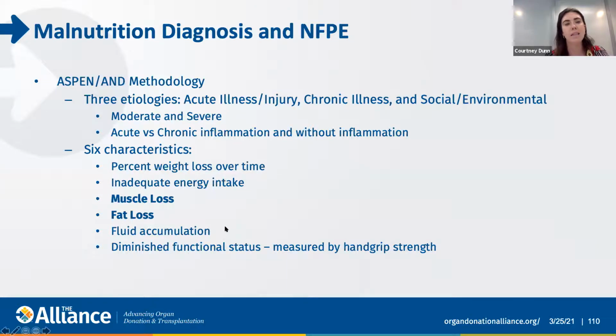So using that as a diagnosis becomes difficult. So the nutrition-focused physical exam really helps us hone in on determining whether or not there's lean body mass loss. And you can measure diminished functional status by using the hand grip strength, but just know that that's not accurate in mainly the ICU populations.